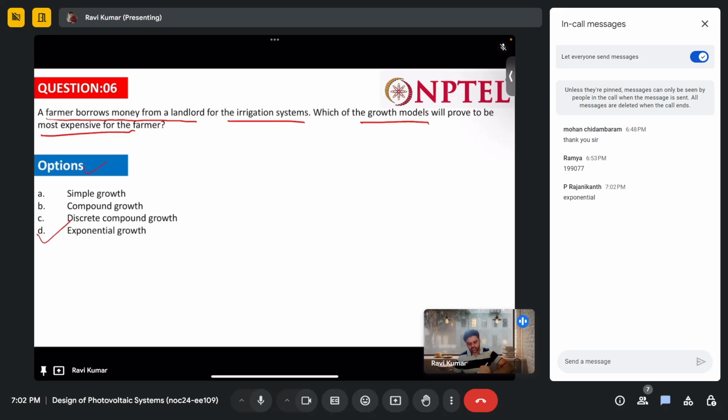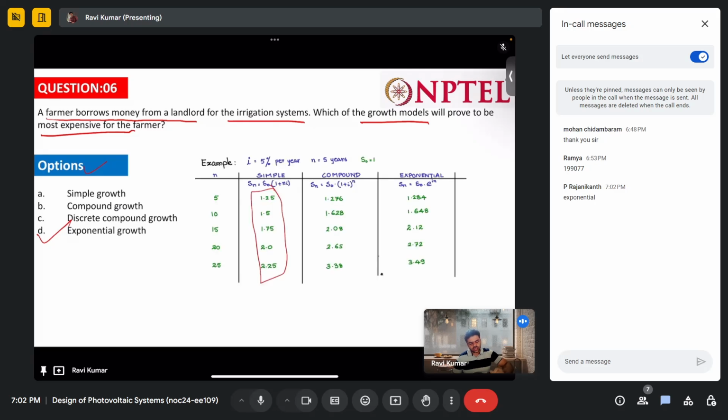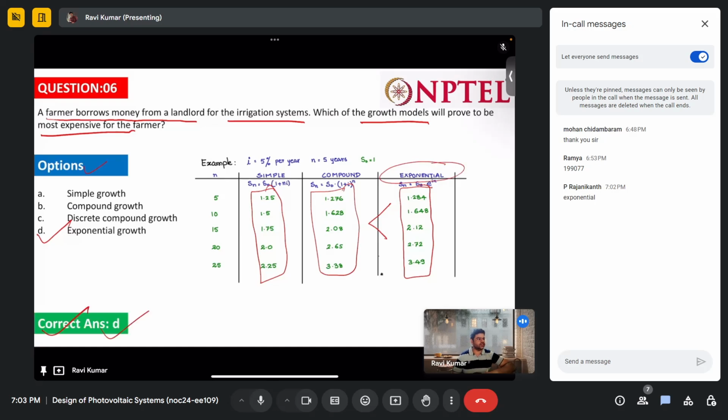Yes, exponential is the correct answer. Here, the same example which I have given you: these values are lower than these values after any year. So this exponential growth model will be more expensive. So answer here is D.